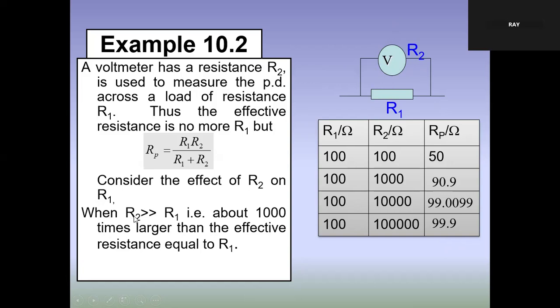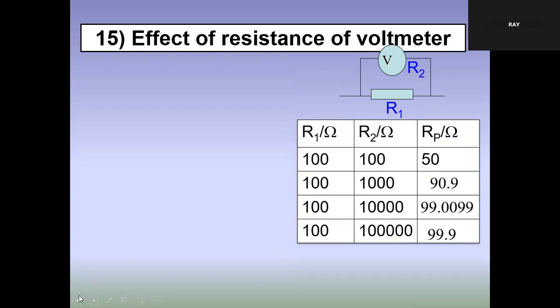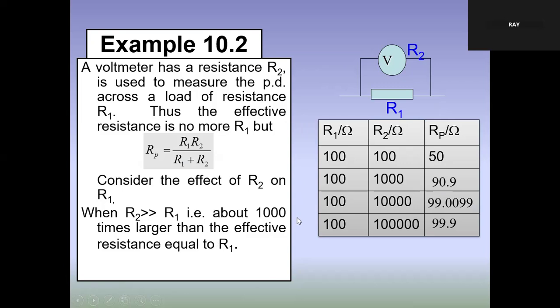When R2 is about 1,000 times larger than R1, then we can say that R1 almost equals the effective resistance.